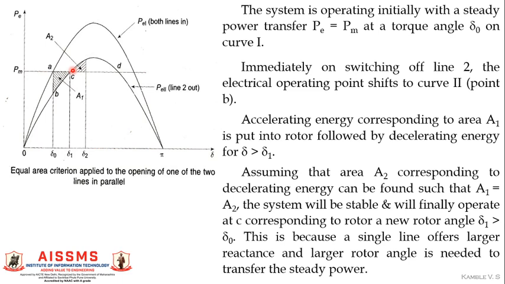When the rotor comes to this position, you will see that the corresponding mechanical power is Pm, the corresponding electrical power will be the same as Pm, and the corresponding angle is delta 1. So this will be the new operating state or new equilibrium state. That is, though we have removed one line out of the two lines, the system can still deliver the same electrical power to the bus bar or to the load centers.